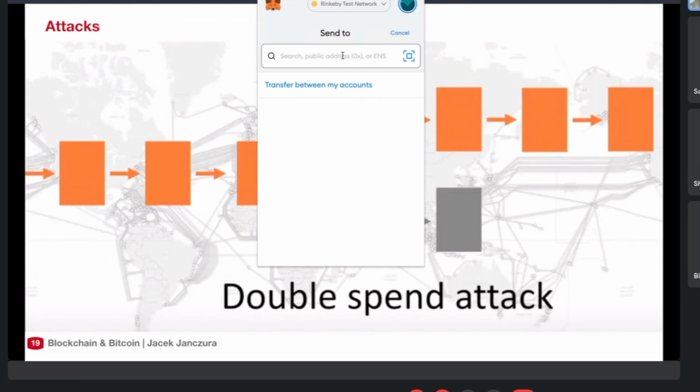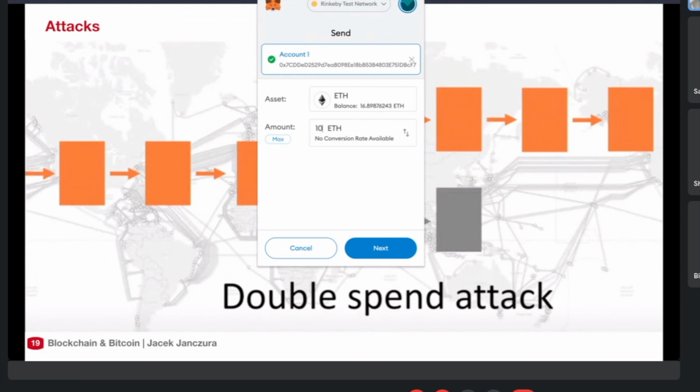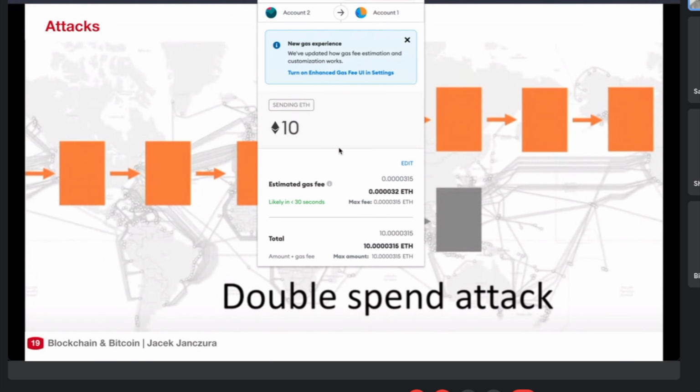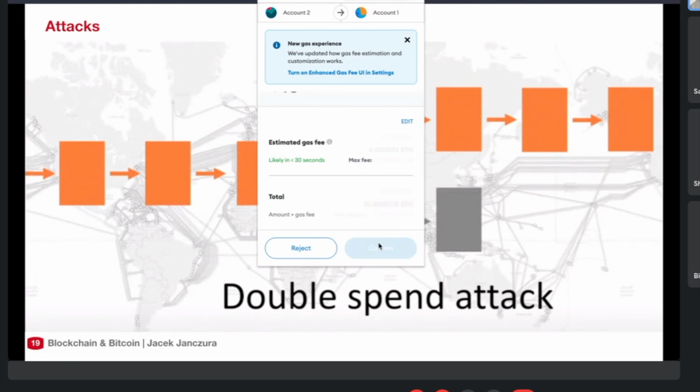I send a transaction from wallet 2 to wallet 1, and I send those 10 ethers back. This is the amount of ethers I want to send. This is a fee I will pay to the peers, to the participants of the network, to send this amount of ethers. So this is the total price. Now I need to confirm this transaction.